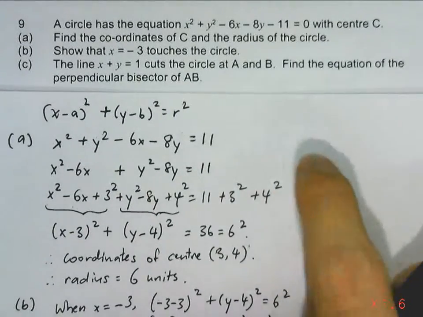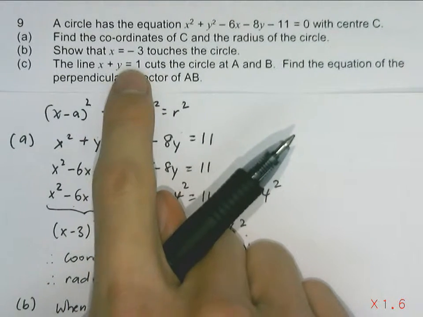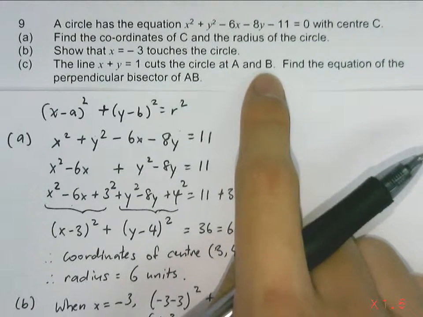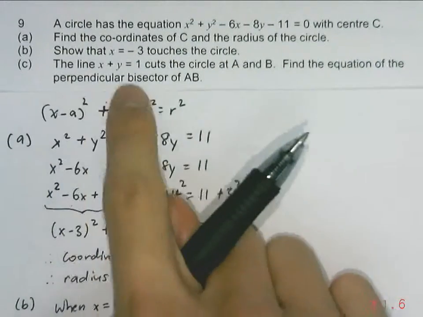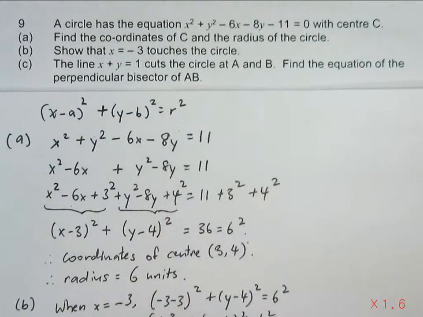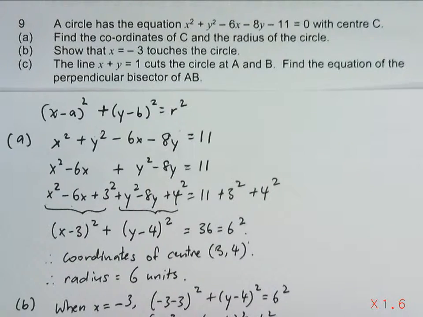Part C. The line x plus y equals 1 cuts the circle at A and B. We are asked to find the equation of the perpendicular bisector of AB. So we need to use the equation of AB first.